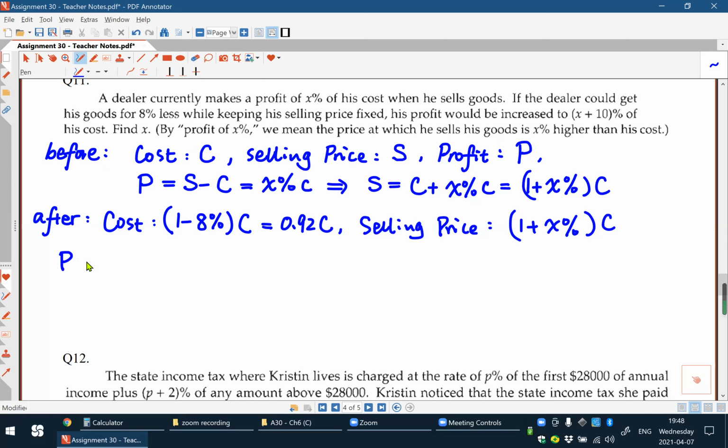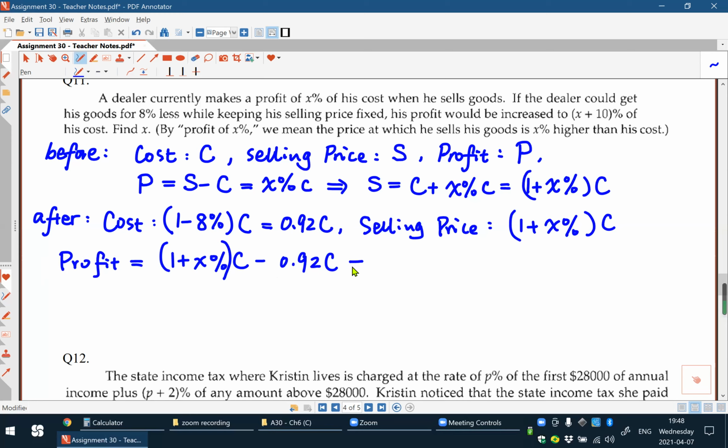Okay, now the profit. What is the profit now? Profit equals selling price, which is 1 plus X% of C, minus the cost, which is 0.92 C, right?